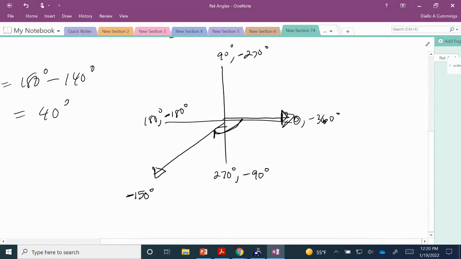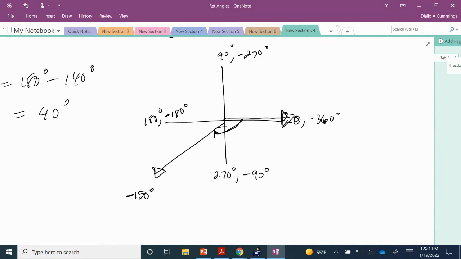But if I go back to my reference angle, you notice that a reference angle is a positive acute angle. So the first thing I want to do here is find the smallest positive coterminal angle for this negative 150-degree angle. And then once I find it, I can use the reference angle formula to find my reference angle.